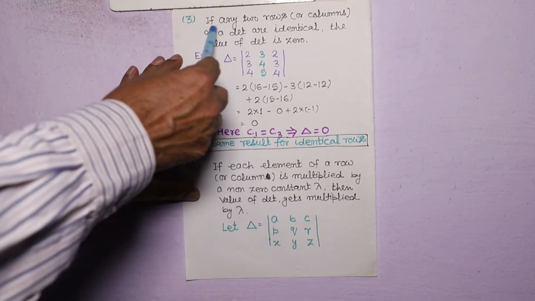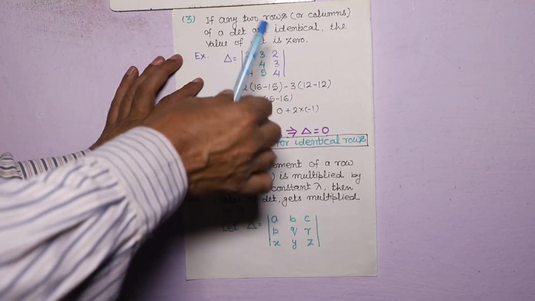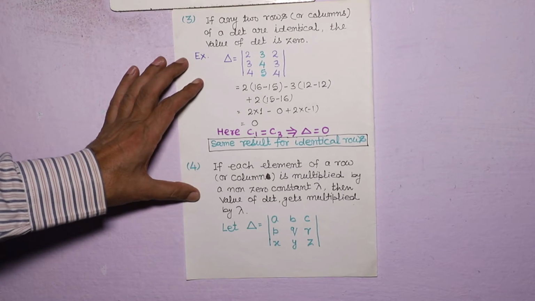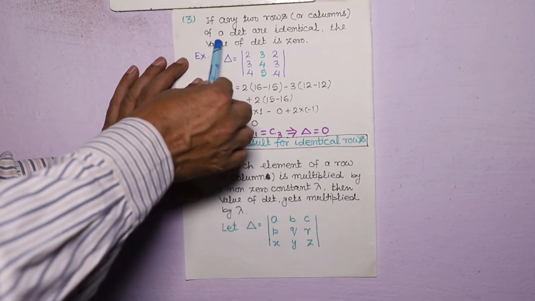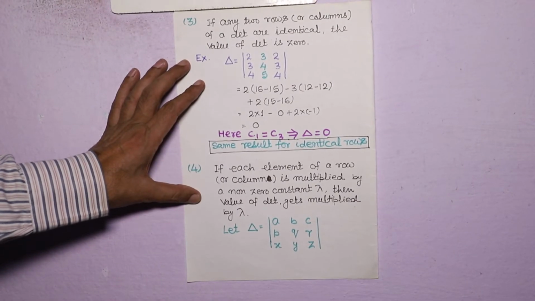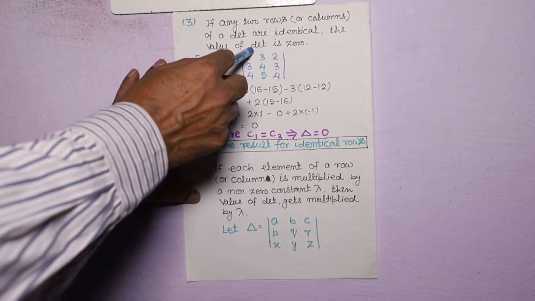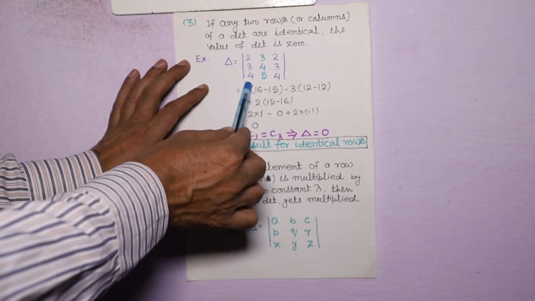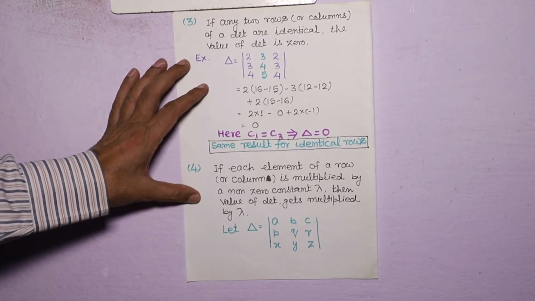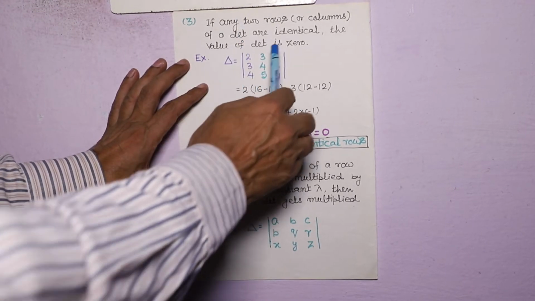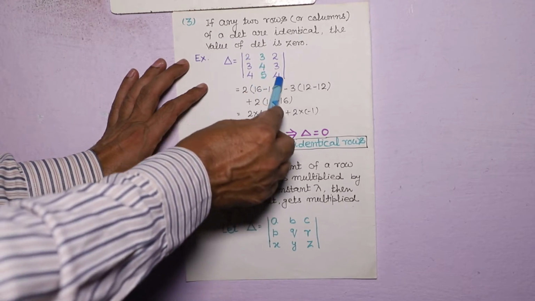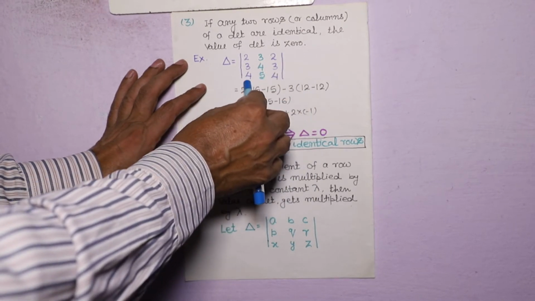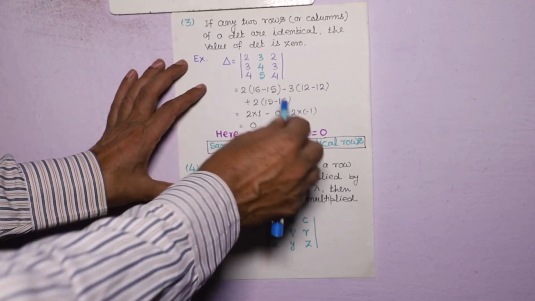Third property: if any two rows or columns of a determinant are identical, proportional, or in the same ratio, then the value of the determinant is 0. You can see in the example 2, 3, 4, 3, 4, 5, 2, 3, 4. The first column and third column are the same, so the value will be 0. Expanding along the first row, you get 2 into 16 minus 15, minus 3 into 12 minus 12, plus 2 into 15 minus 16.